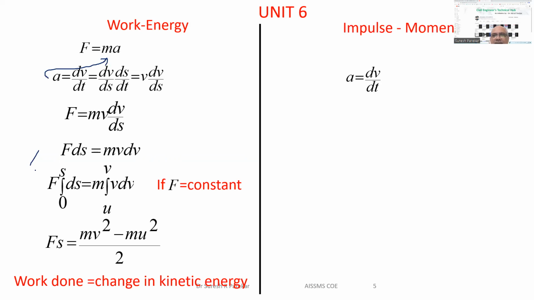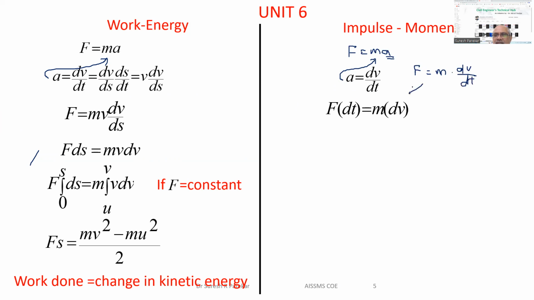Now here we have F equal to ma, and if I put a as dv by dt, then what will happen? Substitute this a in the equation, and we get F equal to m into dv by dt.